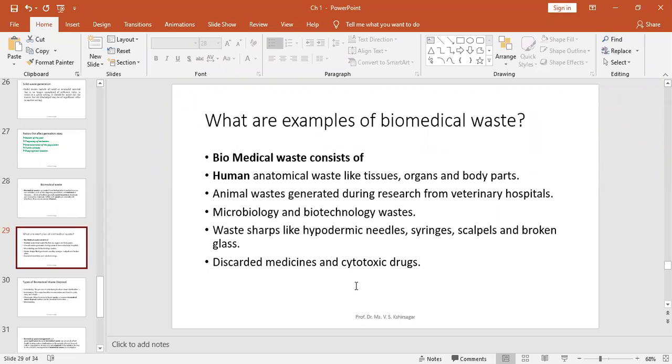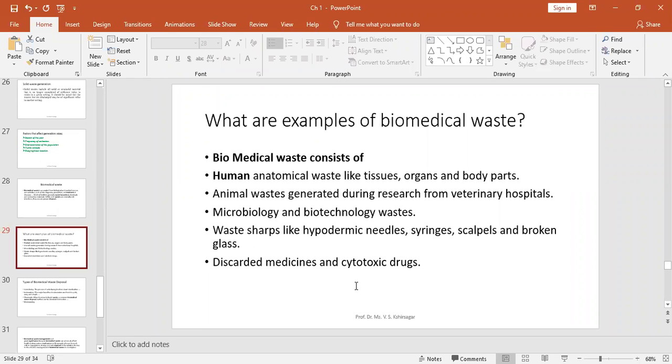Microbiology and biotechnology waste, waste like hypodermic needles, syringes, then scalpels, the material used at the time of providing saline, and broken glass, then the discarded medicines and cytotoxic drugs. So these are the mainly included biomedical waste.